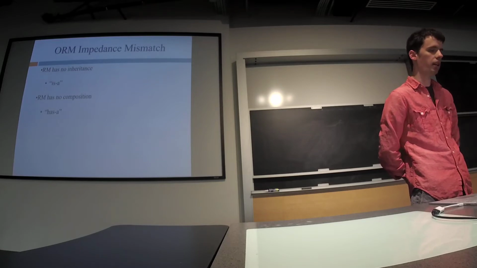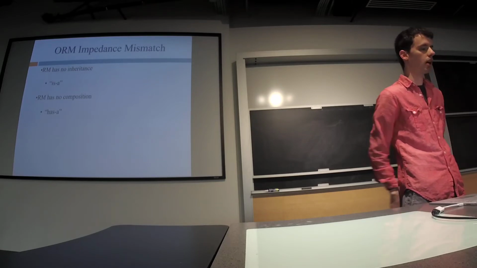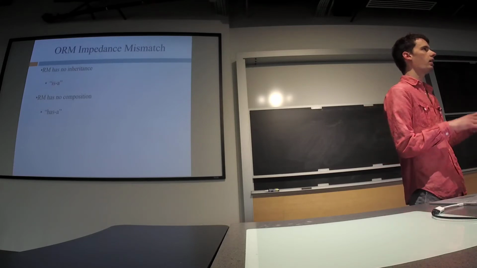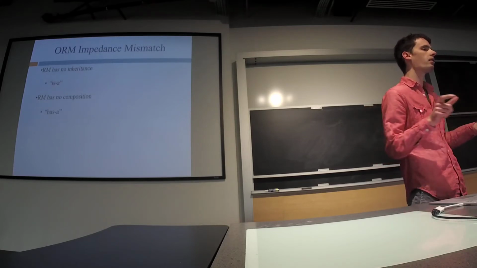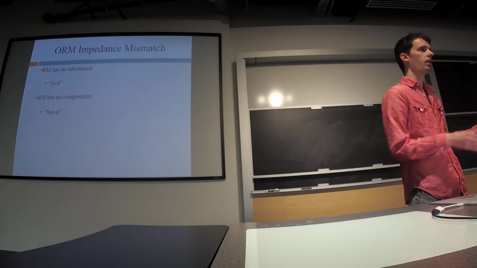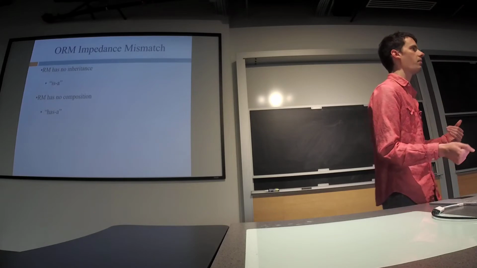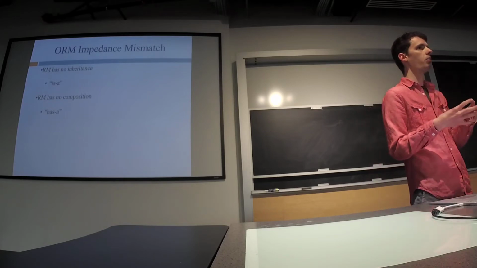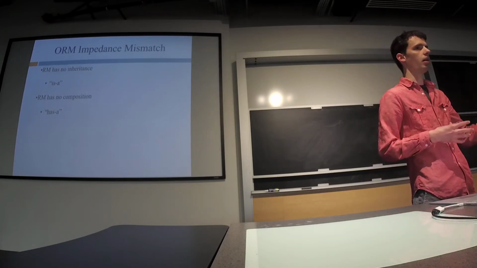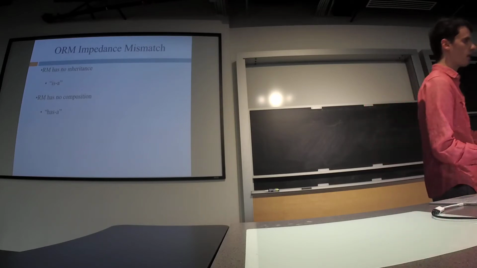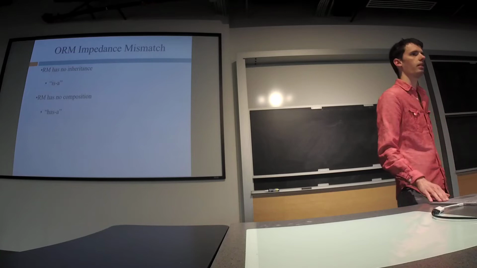There's also not really has-a, so composition. There kind of is. You could say that a student has an enrollment record because there's a foreign key pointing to some other table. But it's not really the same thing as saying that some object lives inside of another object and is fundamentally a part of the other object.